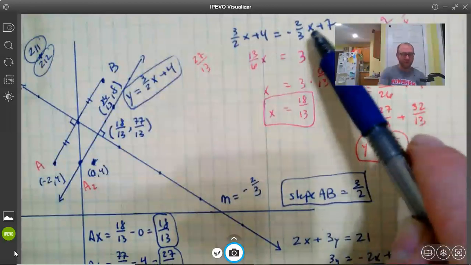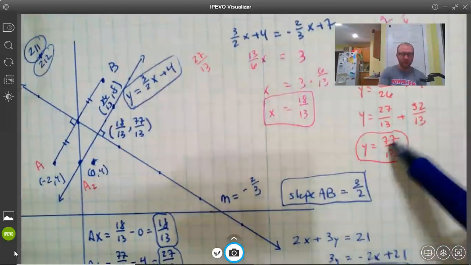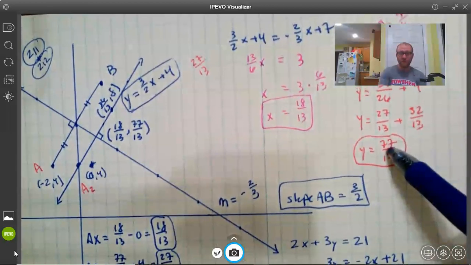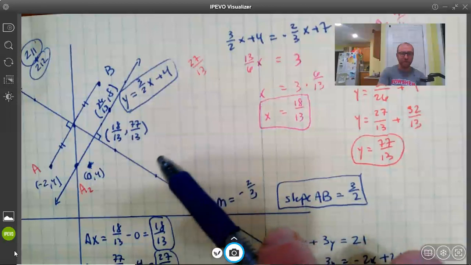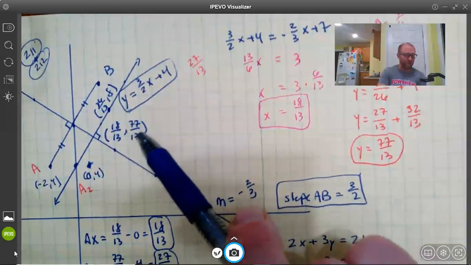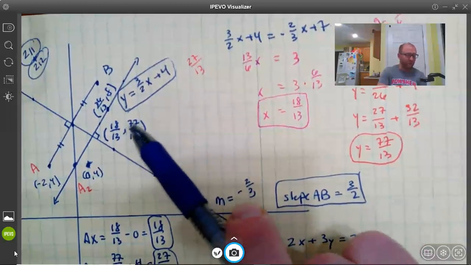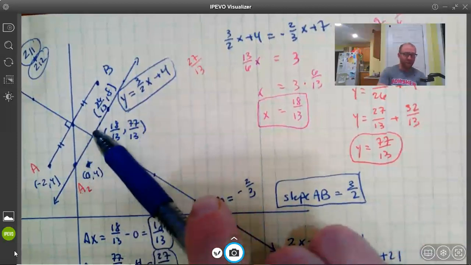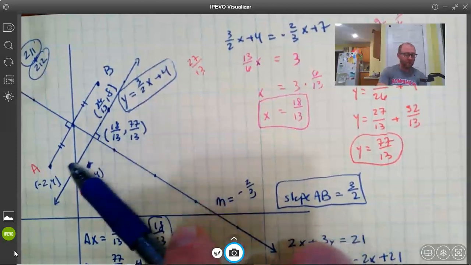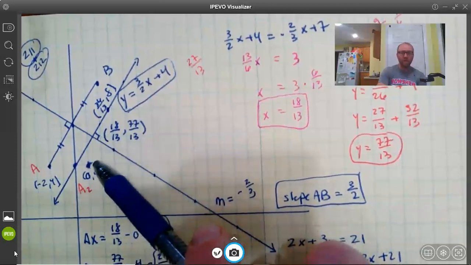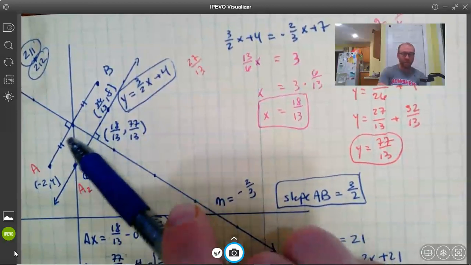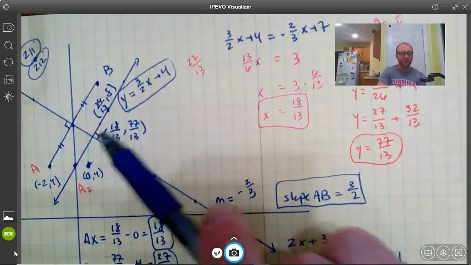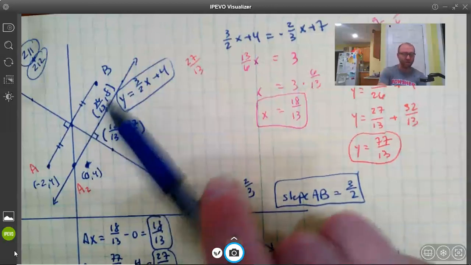Remember, to find their intersection point, you solve for x, and then plug that x into one of the two equations to find a y. Therefore, we found our point of intersection, 18 thirteenths, 77 thirteenths. Then we had to figure out how far it is from here up to the line. We could have done a distance formula calculation, but really we just need to know the horizontal change from here over to this point, and the vertical change, and add that horizontal and vertical change again to these coordinates.